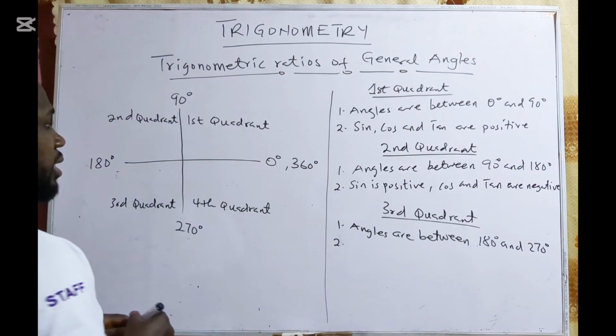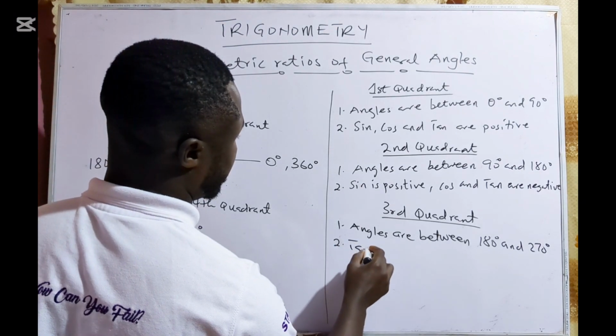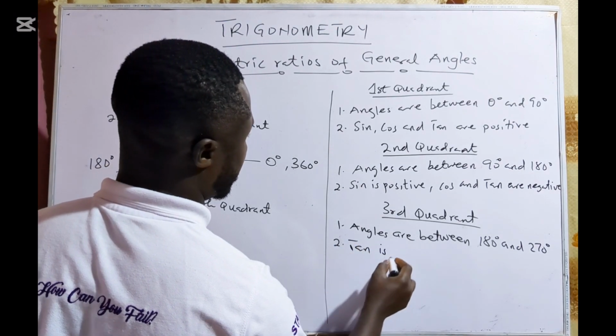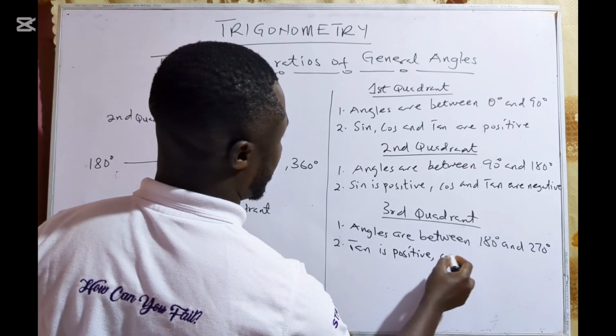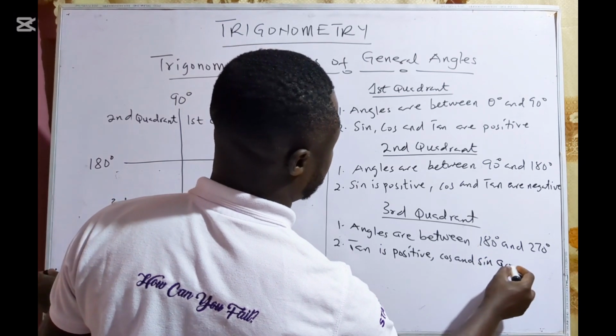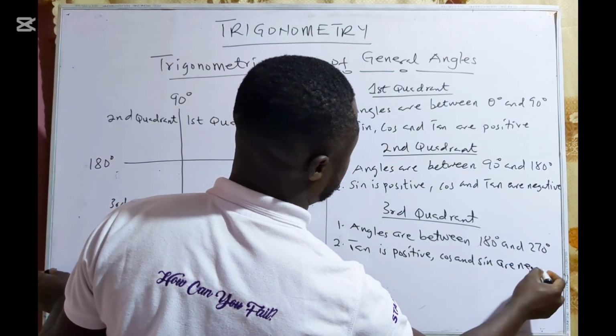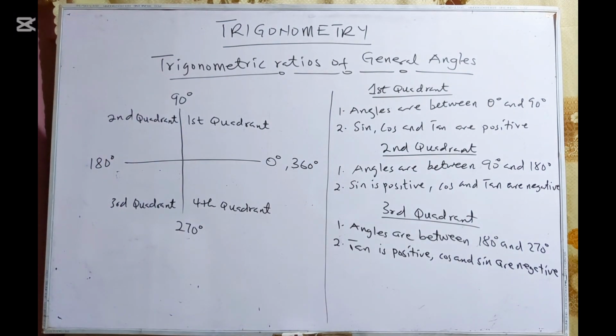Okay, in the third quadrant, what we should note is that tan is positive, cos and sine are negative. So in the third quadrant, tan is positive, cos and sine they are negative.